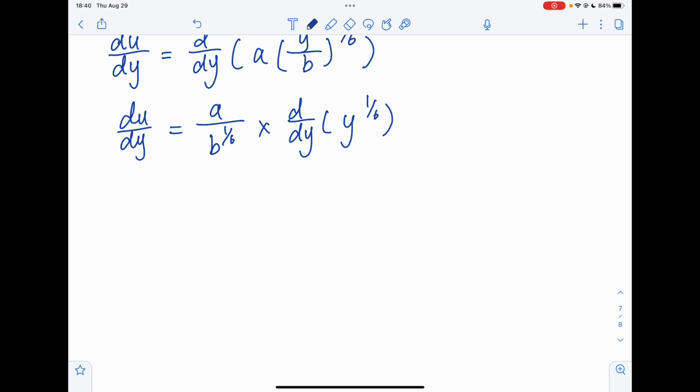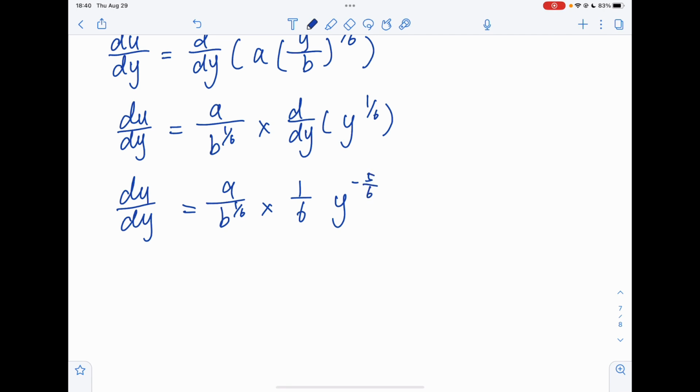Now we apply the derivative rule, which gives du over dy equals A over B to the power of 1 over 6 times 1 over 6 times y to the power of negative 5 over 6.